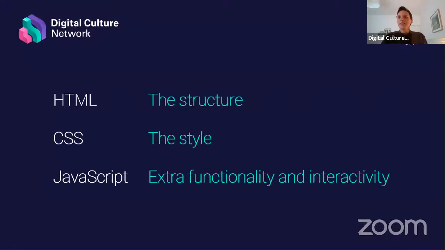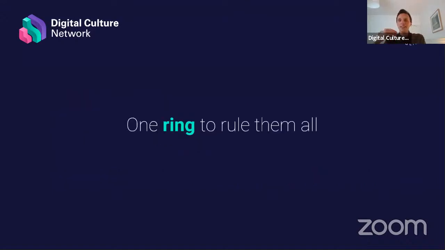I'll whiz through these again. And when we talk about JavaScript, that's what Google Tag Manager does. It looks after JavaScript. It can look after HTML and CSS as well, but I recommend you don't do that. When I talk about it, I use a Lord of the Rings reference, because one ring to rule them all, whereas this is one script.